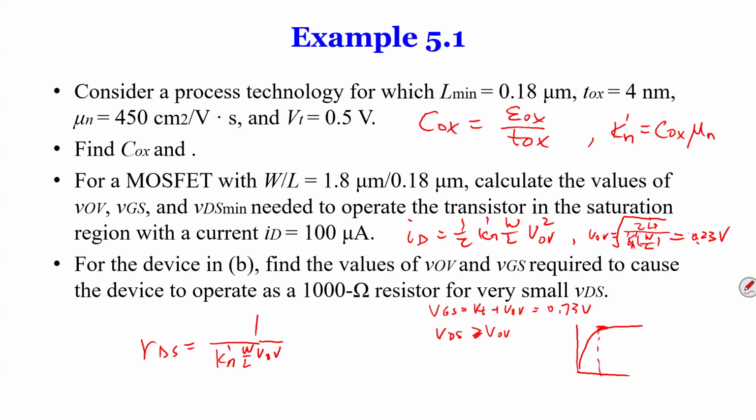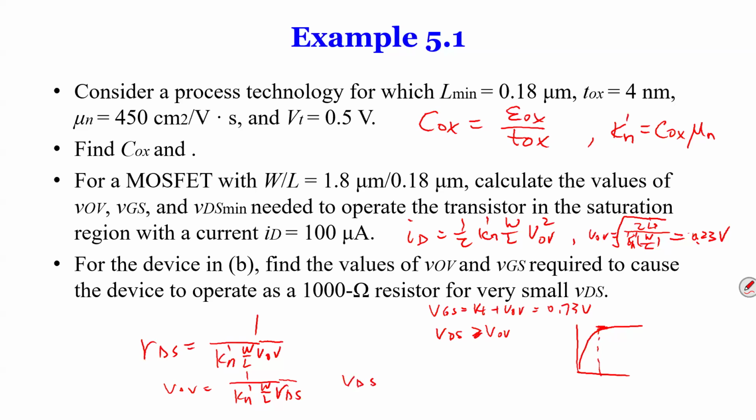Now RDS given is 1,000. Kn prime is given, W over L is given. So now you can find VOV. VOV basically equals 1 over Kn prime W over L times RDS. So that gives you your VOV. And then once you find VOV, you can find VGS.